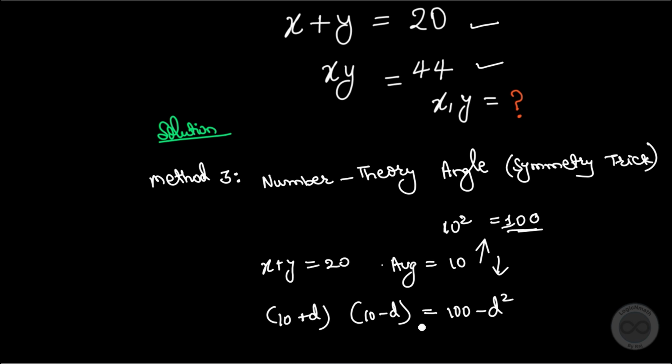The product drops from 100 depending on how big d is. So an Olympiad student immediately says x is equal to 10 plus d and y is equal to 10 minus d. This is the symmetric shift trick.